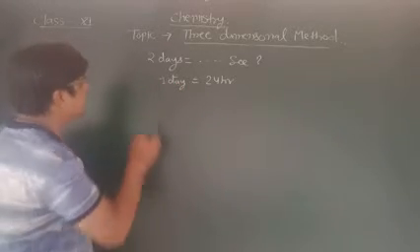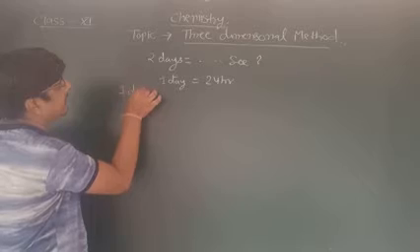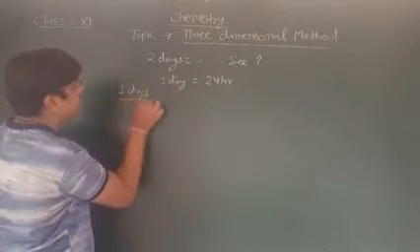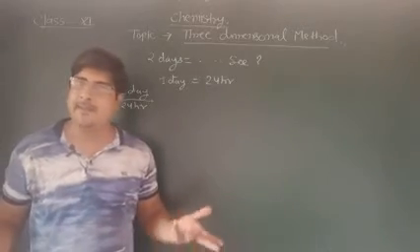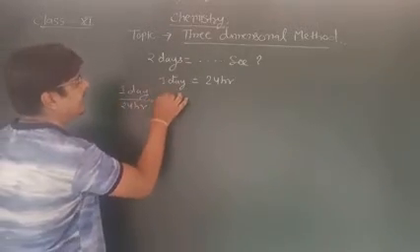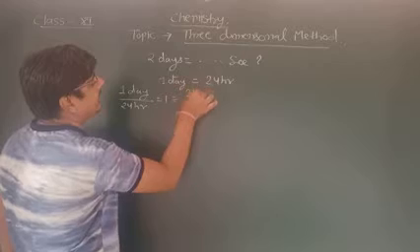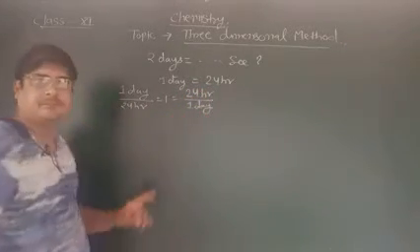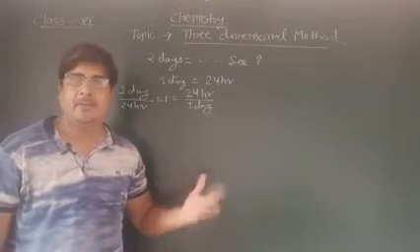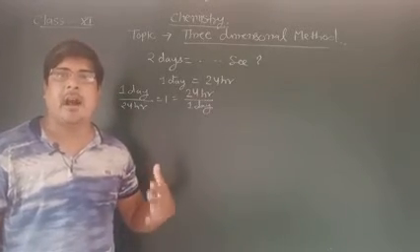Write it in the three-dimensional method, or in unit. How can you write it? 1 day upon 24 hours. Same thing, 1 day and 24 hours, so it is equal to 1. Then 24 hours upon 1 day. Same thing. That converts day into hour. Then convert hour into minute.